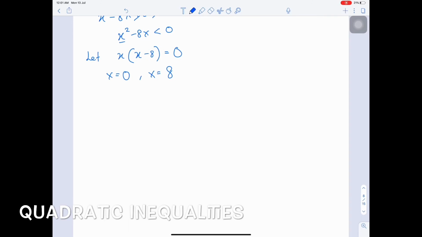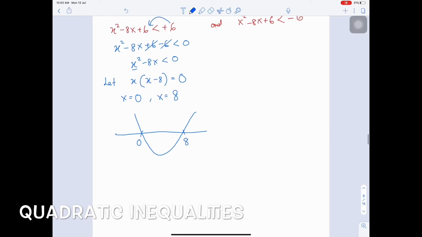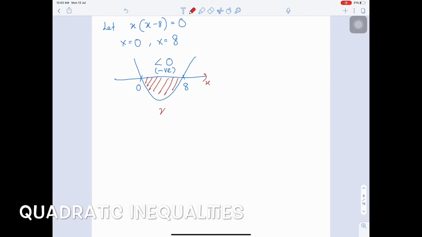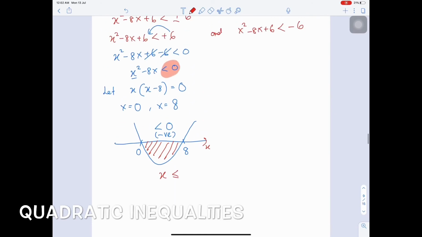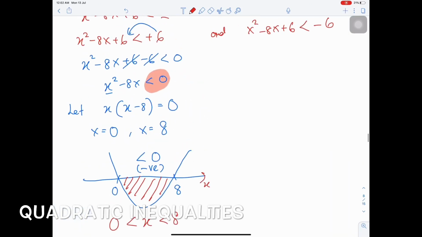Then we examine the inequality, 0 and 8. Because the last inequality is less than 0, the value is negative, so we shade below the x-axis. So the range is x between 0 and 8 for this first one.